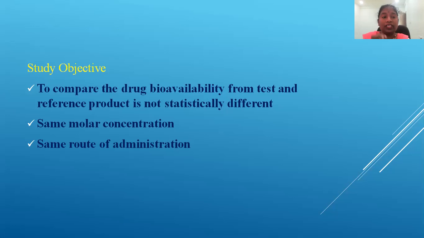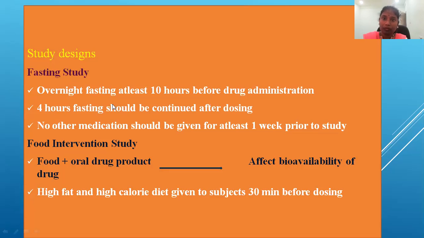You are proving this by the study design. You take the same molar concentration and the same route of administration, and conduct the study on the subjects with the test and the reference, and you are saying that there is no statistical difference. We have to analyze that.